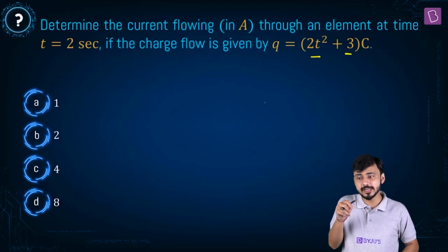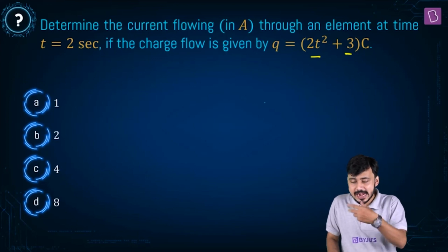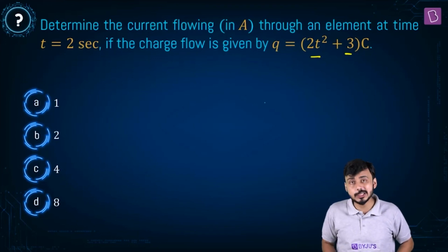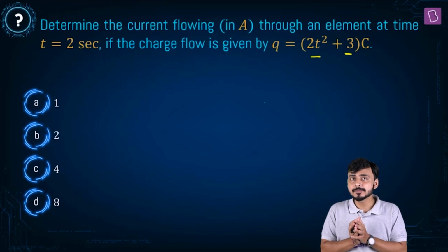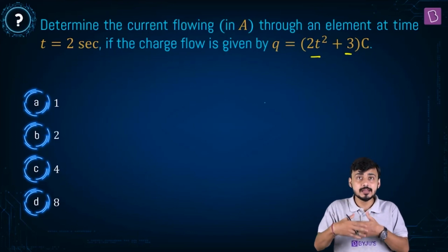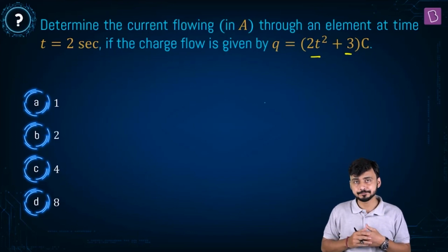At t equal to 1, if you calculate q, the amount of charge flowing, that will be 5 coulomb. So as the time is increasing, the charge is flowing at an increasing rate.